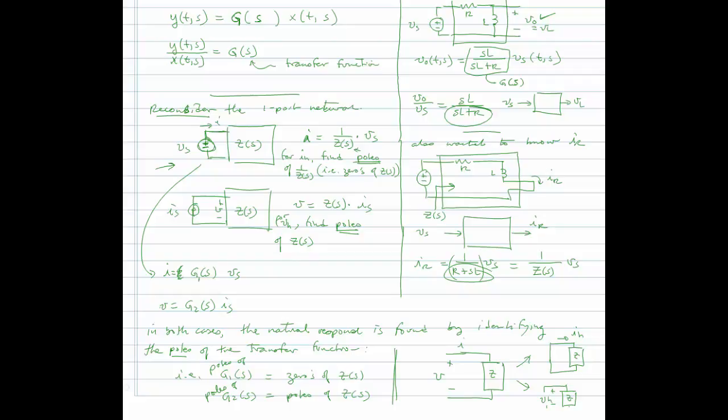Now we're going broader, and we're saying we can describe this in more general terms if we talk about the transfer function. And then we don't have to have these two rules, that it's zeros of the impedance if we're looking for the natural current response, and poles of the impedance if we're looking at the natural voltage response. We can simply say the natural response, whether it's voltage or current, will always be the poles of the transfer function.